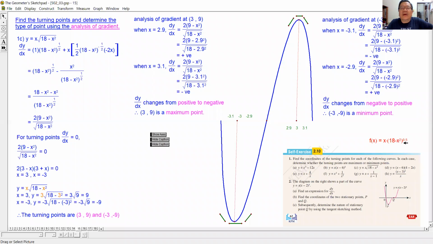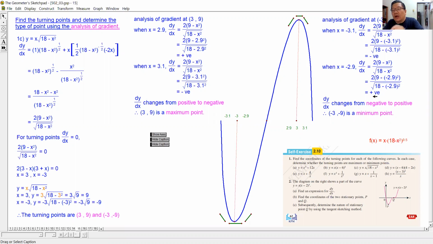Okay, right. Can I go on to the second value? Now the value on the right is -2.9. -2.9 is bigger than -3. So when I substitute -2.9 into the dy dx, if you cannot see that it is a positive number, never mind.